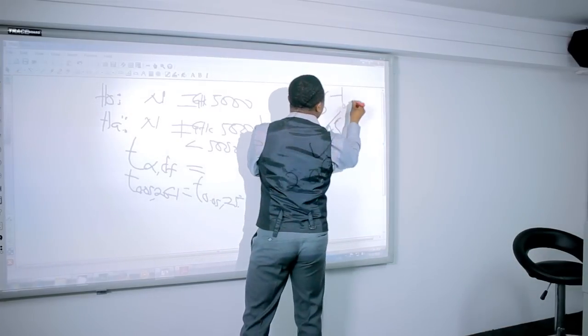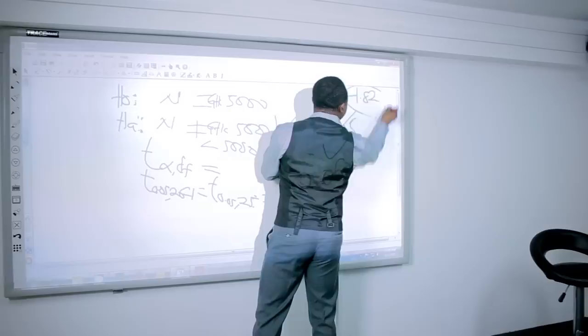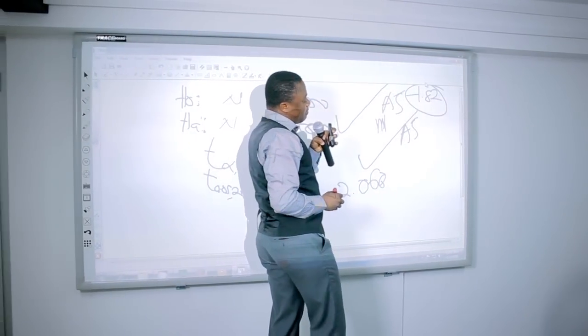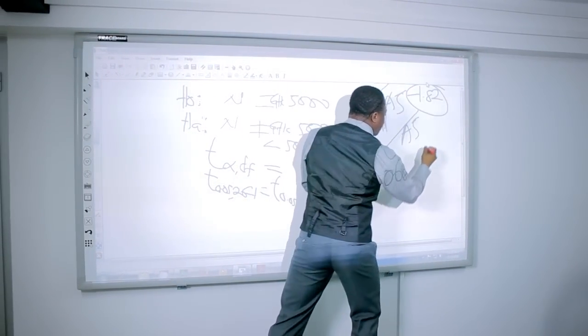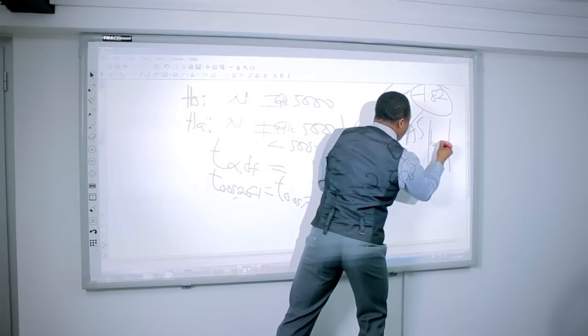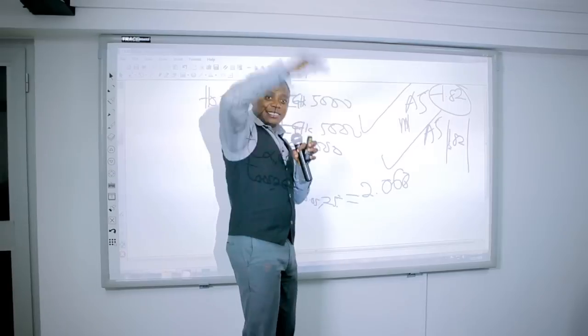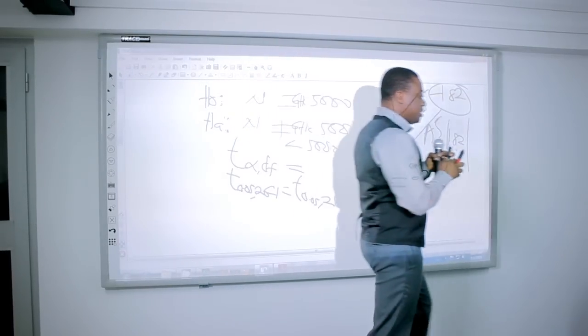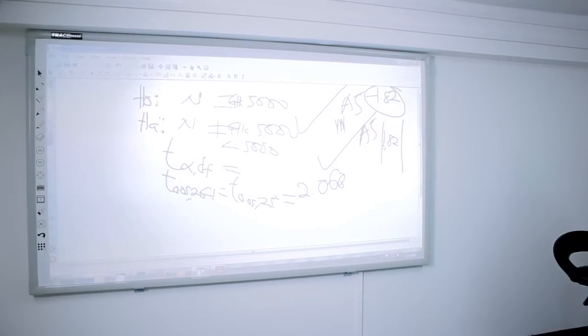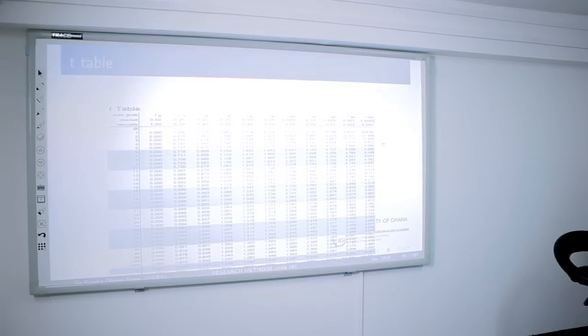So even though it's negative 1.82, this was our calculated. You can write it as 1.82. You can write it as 1, and then put that sign across it to indicate that it is an absolute value you are focusing on.